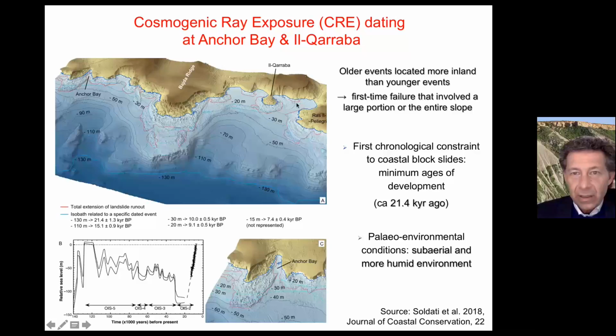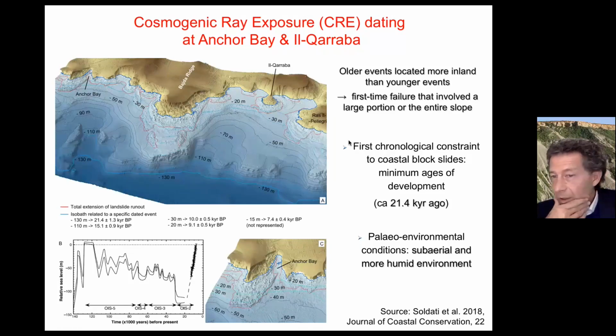So you see that these landslides reach -30, -40, -50, and so when the oldest landslide that we dated occurred, they were frankly terrestrial landslides. We realized with the dating, even if we do not have many datings, that first-time failures involved large portions of or the entire slope.